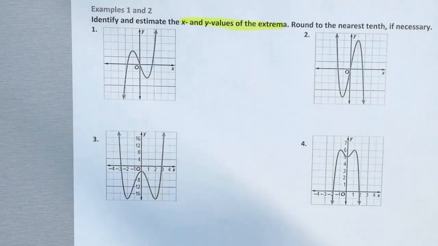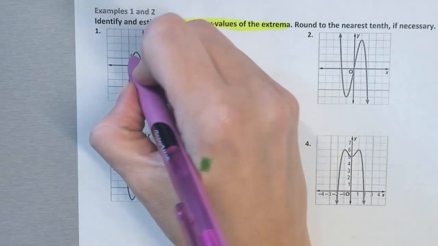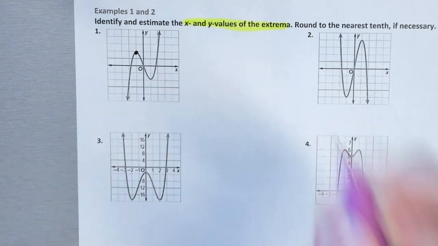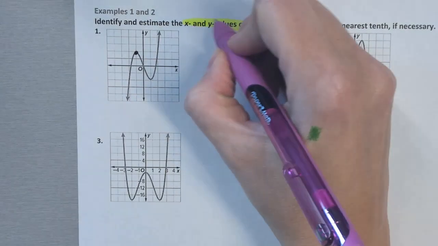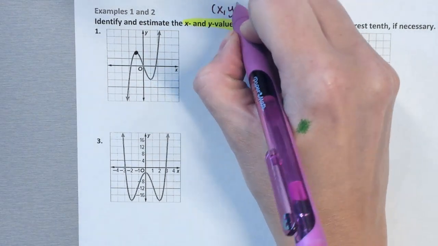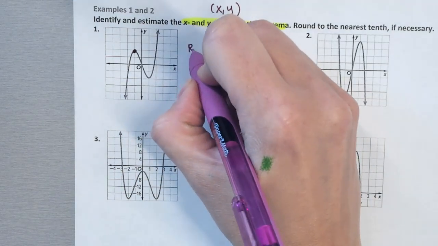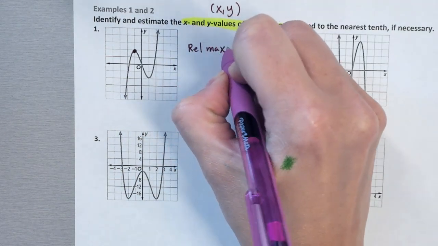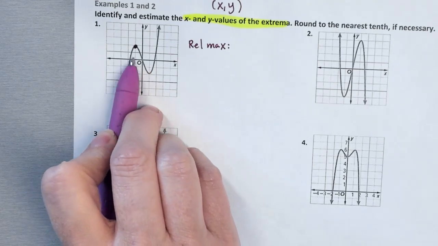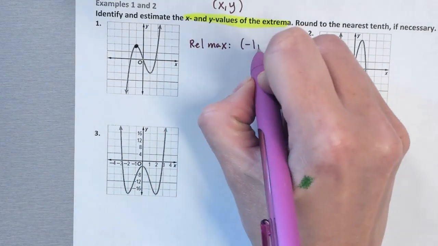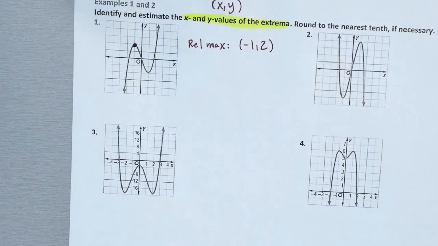All right, so we're finding the relative max and the relative min. So the relative max, you're going to have one right here. And then because it's an xy value, we are going to write that as a point. Okay, so if it doesn't have any labels, it'll be 1 unit. So negative 1, 2 is your relative max.